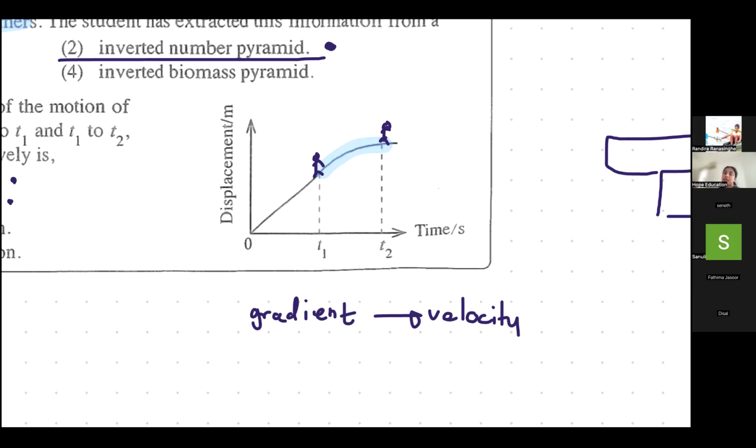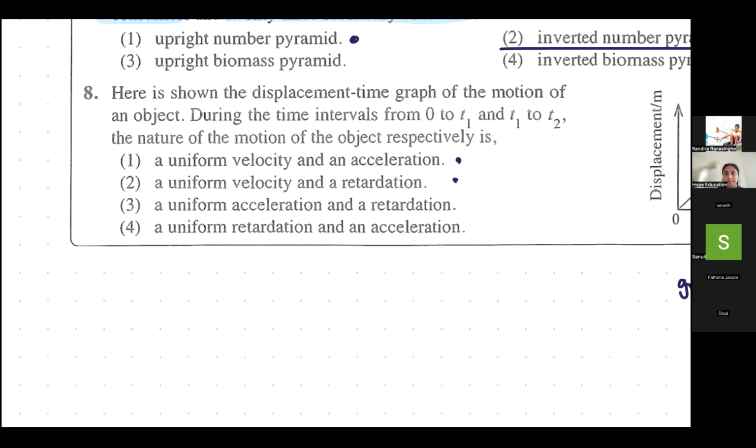That means it is deceleration, or we also call it retardation. Therefore, the answer is the second one.